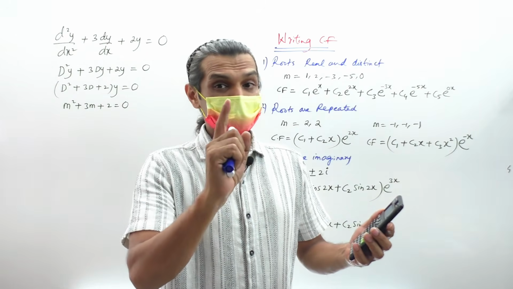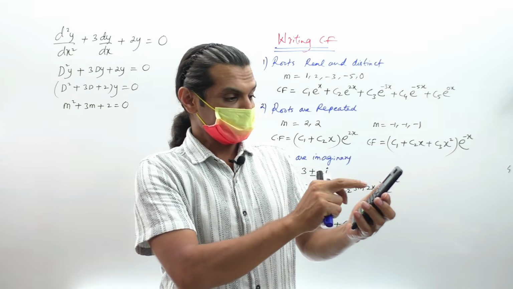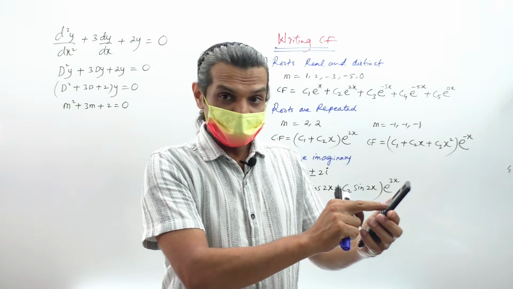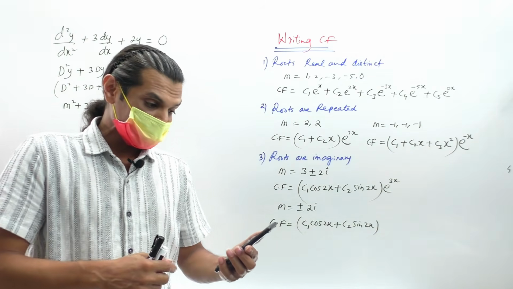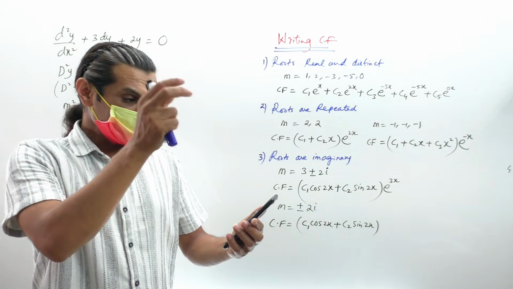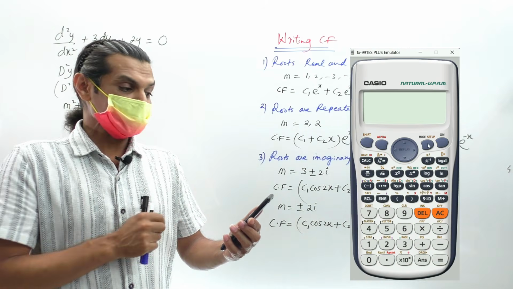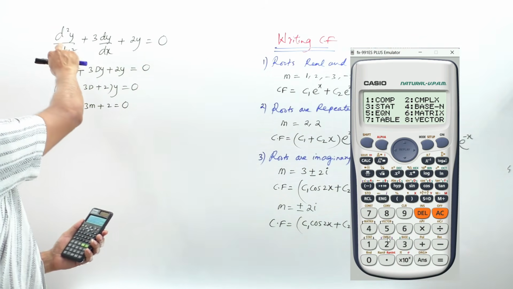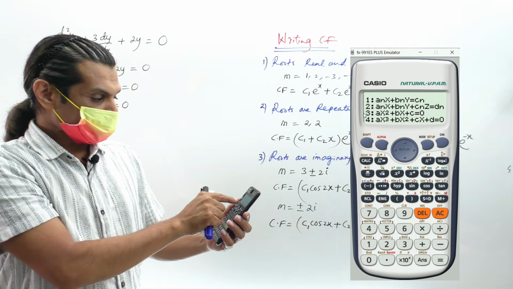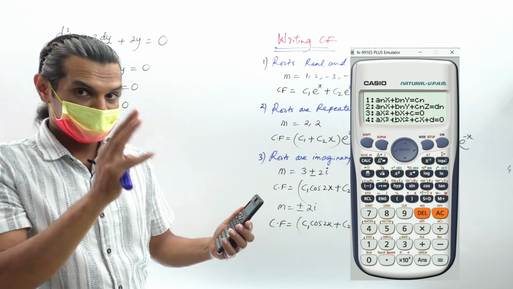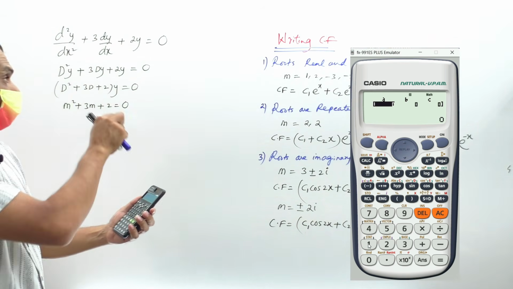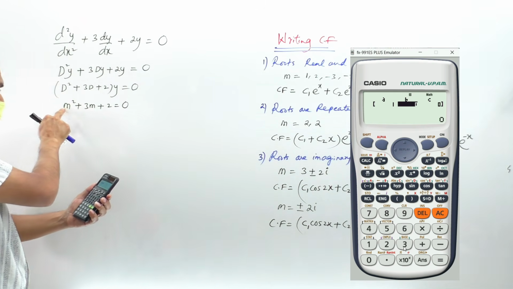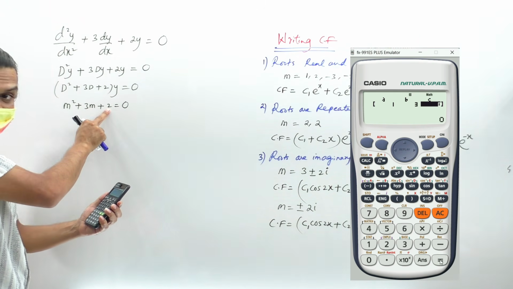The mode should always be in degree, the first thing to remember here. Now you can go to mode. You can follow the steps correspondingly on the emulator here. Mode, then equation, 5, then degree: 1, 2, 3, ax square plus bx plus c, that is press number 3. Then it will ask the value of a. This is a 1, b is 3, c is 2.